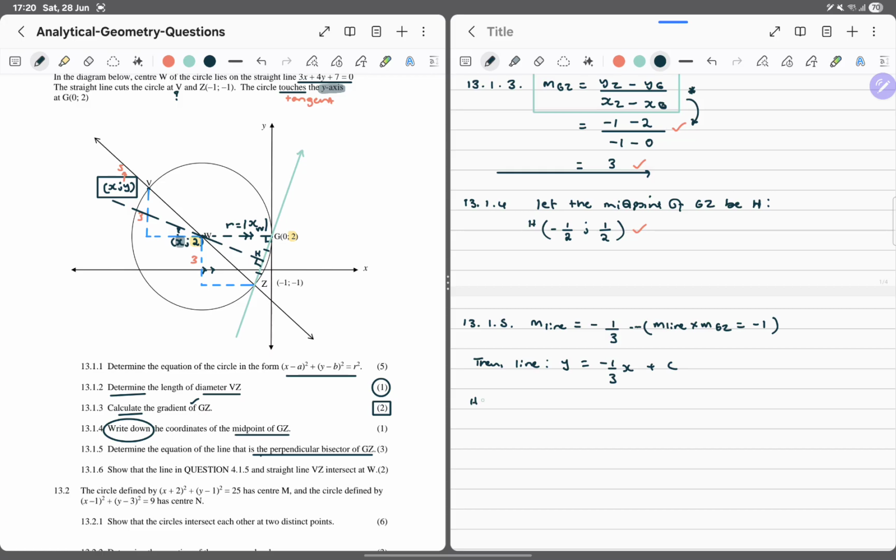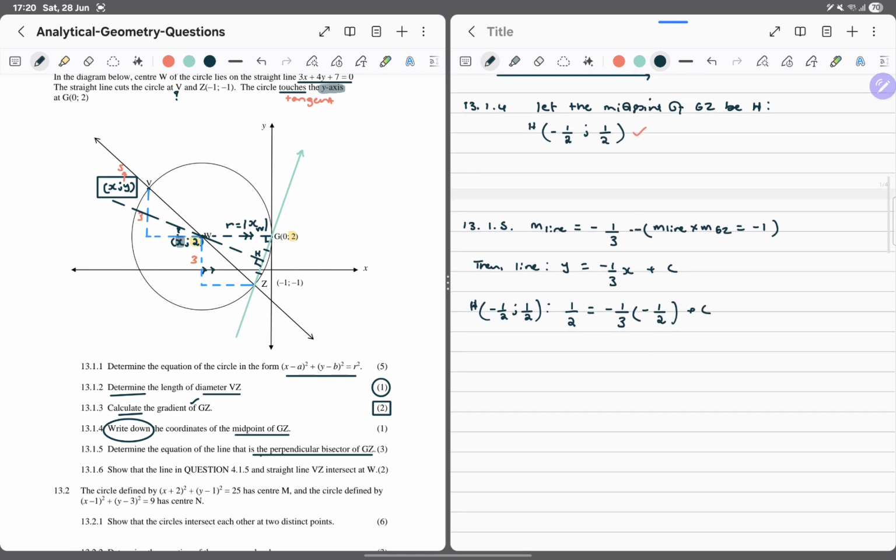Now we can take H, since we have it, with minus a half, a half, it is such that a half is equal to minus a third into minus a half plus c.